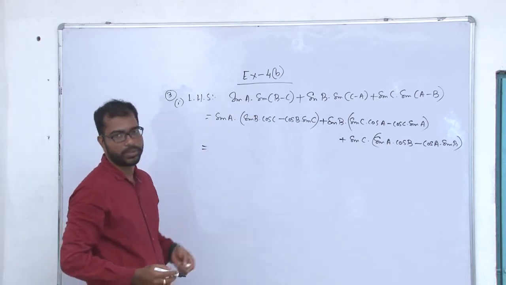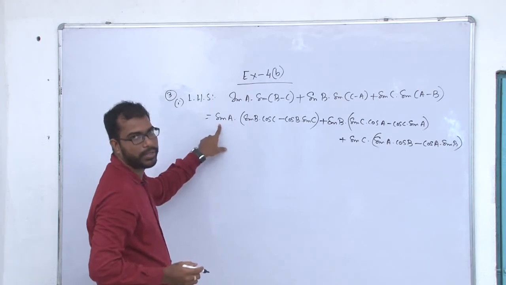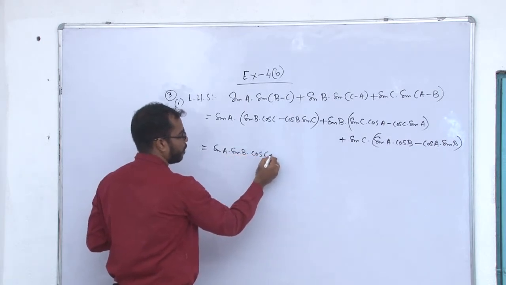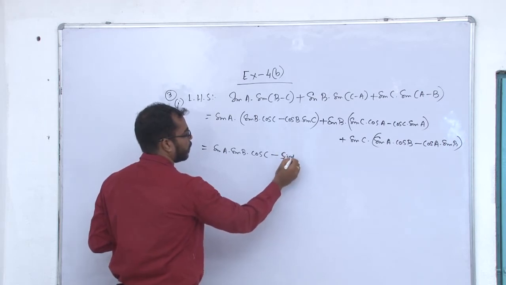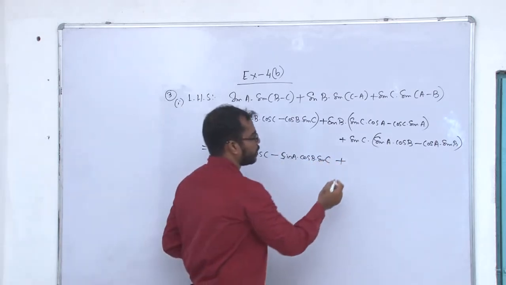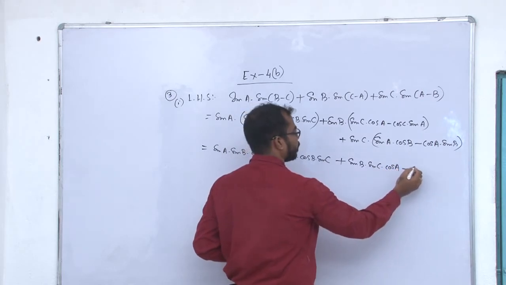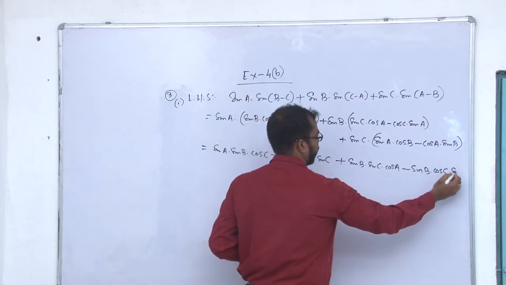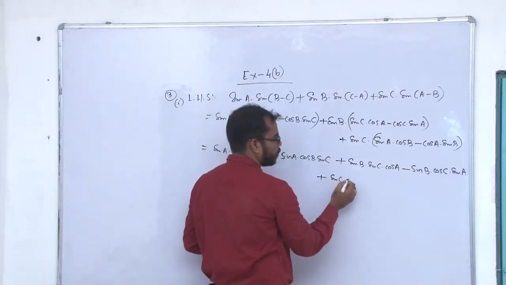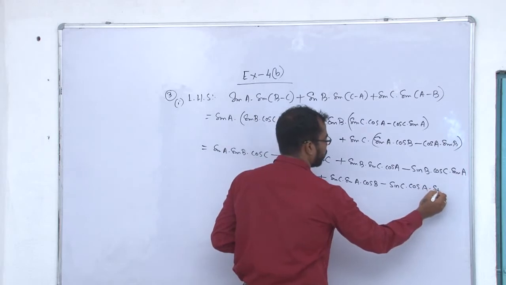Now we can multiply and simplify the expression: multiplying sin A into the first term, that means sin A sin B cos C minus sin A cos B sin C, plus the next one, sin B sin C cos A minus sin B cos C sin A, plus the third one, sin C sin A cos B minus sin C cos A sin B.